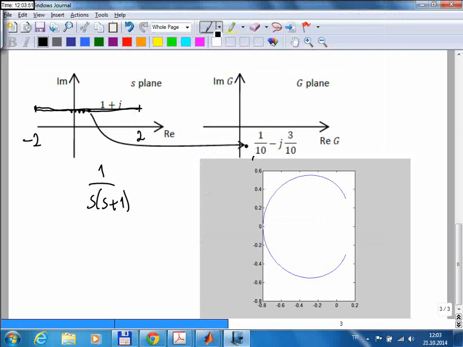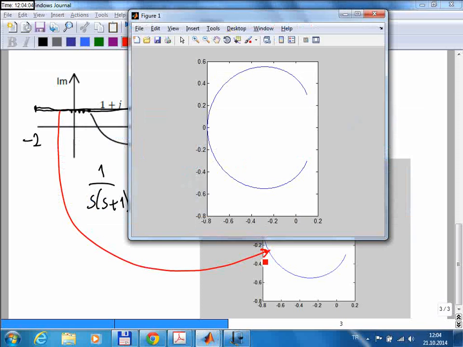So this shows that this line here maps to this blue curve. Okay. Good.